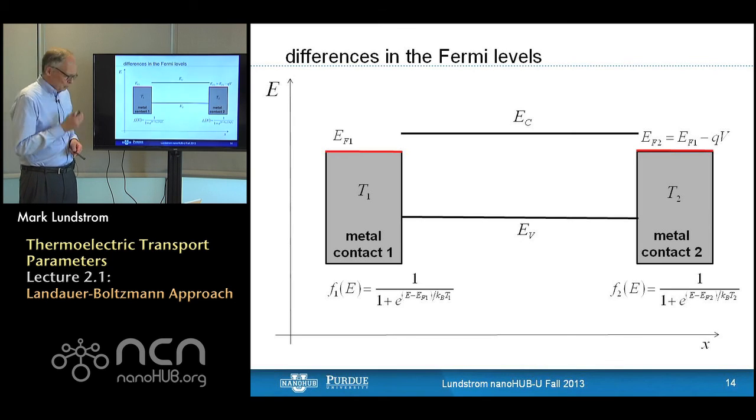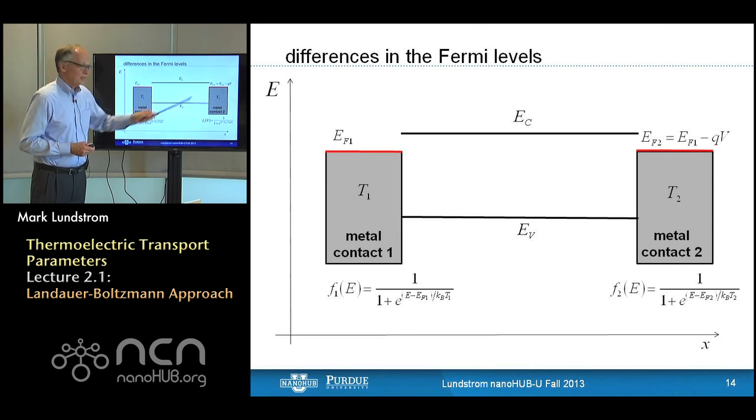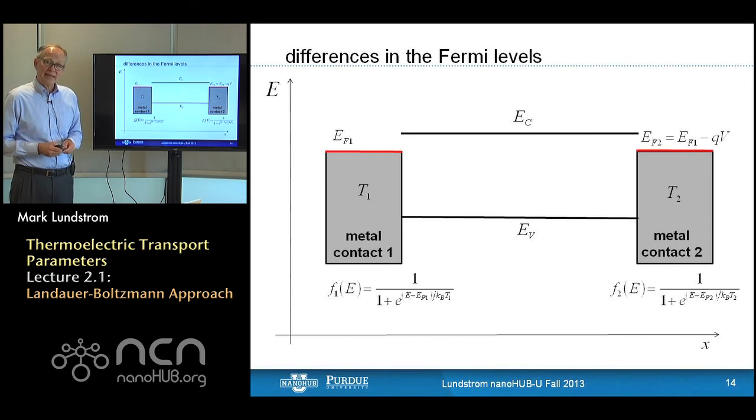Okay, so we need a difference in Fermi level in order to make current flow. How do we get that? Well, there are a couple of ways. The easiest way is maybe to apply a voltage difference across the two ends of the resistor. So if I have my first contact that has a Fermi level of EF1, in equilibrium, the Fermi level of the second contact will also be EF1.